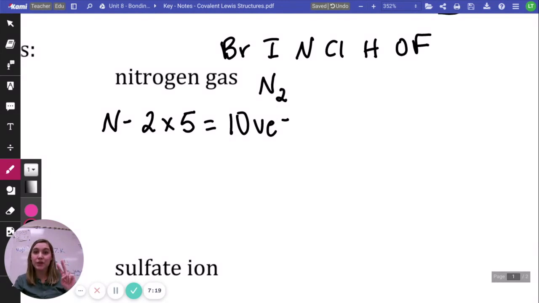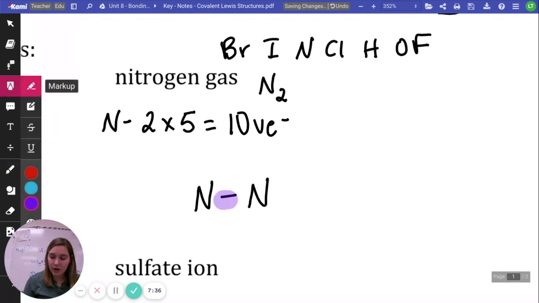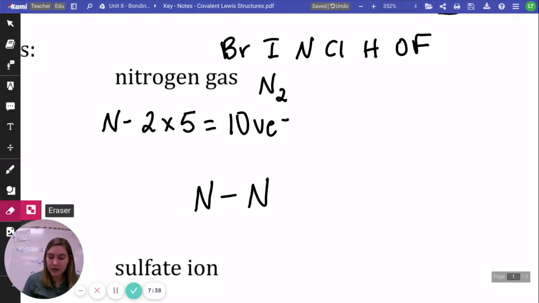So now step 2 is to determine our central atom. Well, I literally only have nitrogen, and there's only 2 of them. So anytime you have 2, there's not really a central atom because there's only 2. So I'm just going to bond my 2 nitrogens together. All right, and so in this bond right here, we've used 2 electrons. So that means we still have 8 more to give.